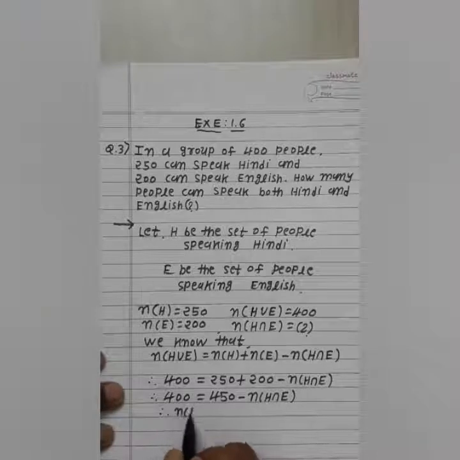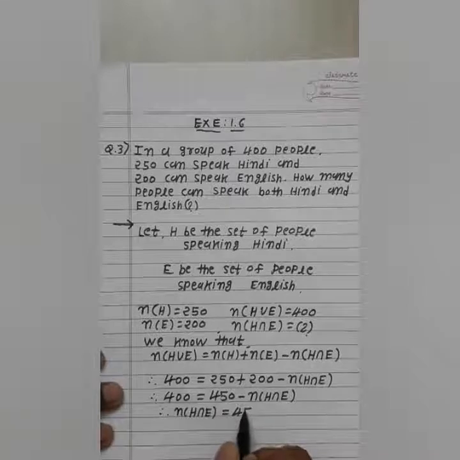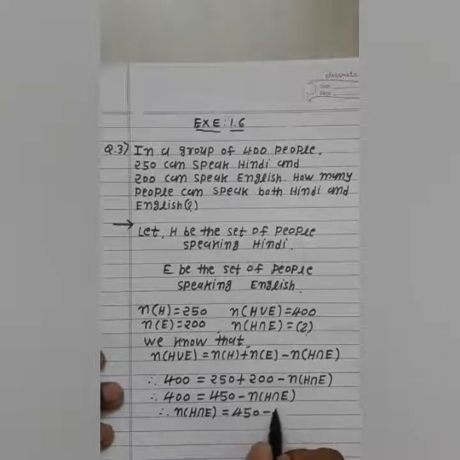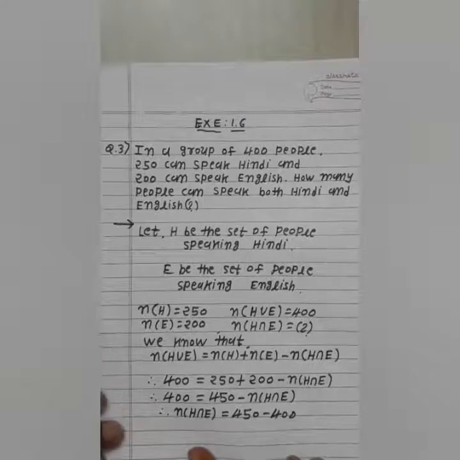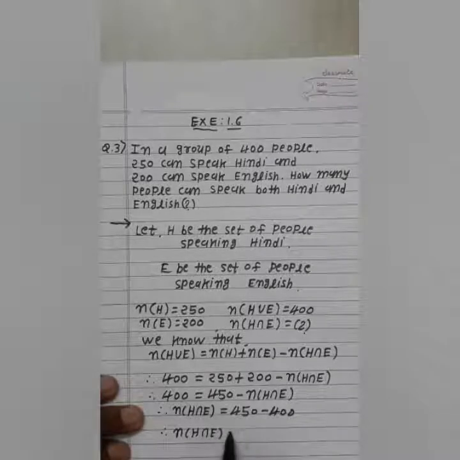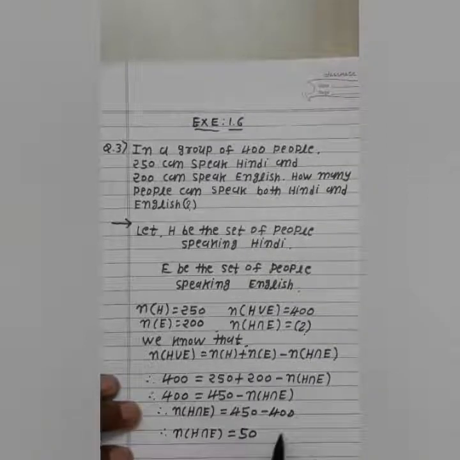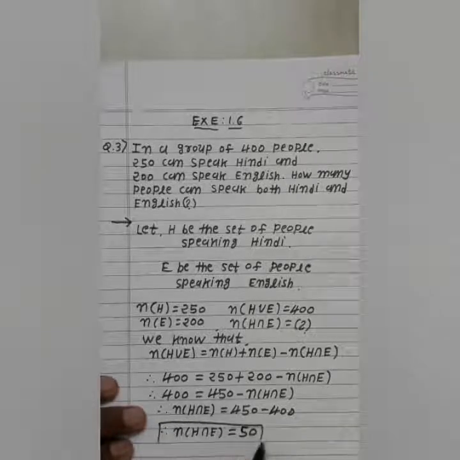So n of H intersection E is equal to 450 minus 400, which means 50. So our answer is n of H intersection E is equal to 50.